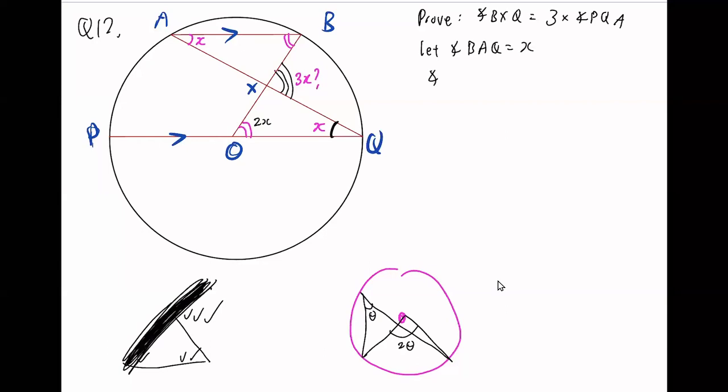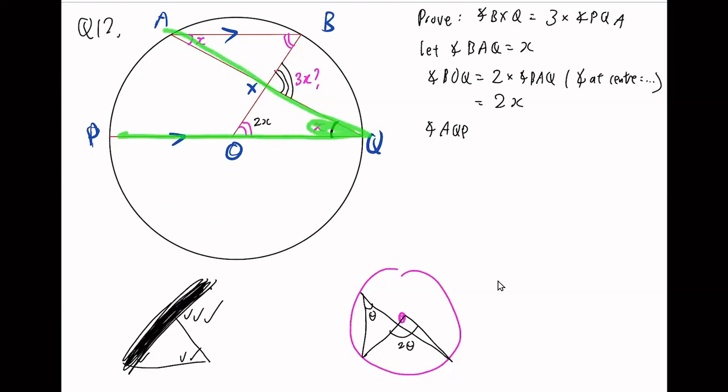So in that case, angle BOQ must be 2 times angle BAQ, because angle at center equals 2 times angle at circumference. So it's 2x. Then what else do we know? We also know that angle AQP must be the same as BAQ.